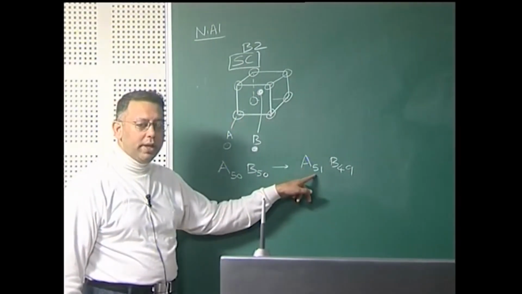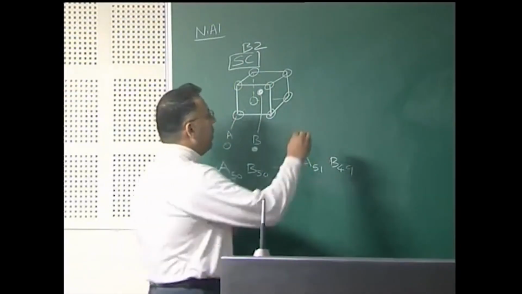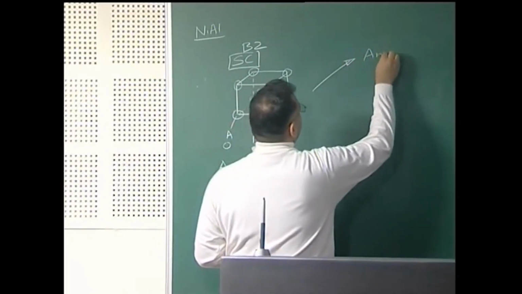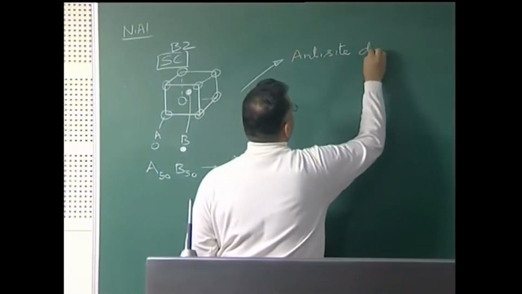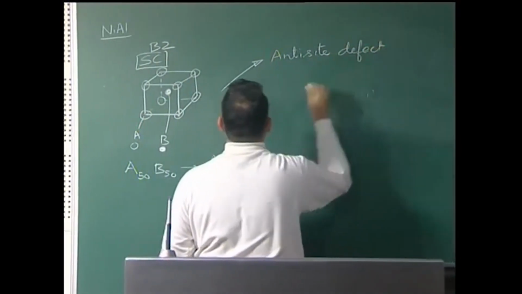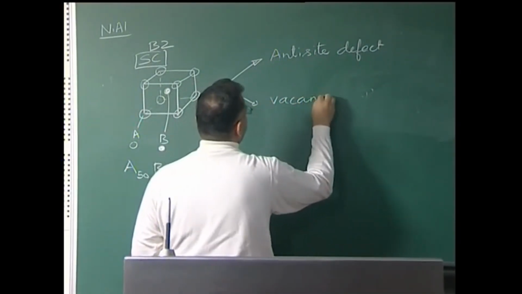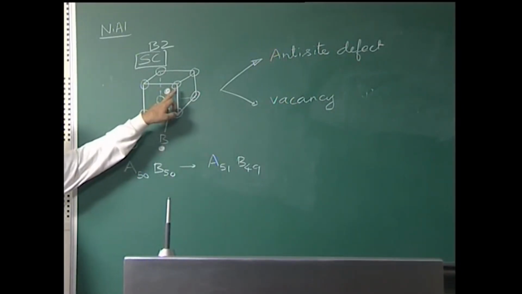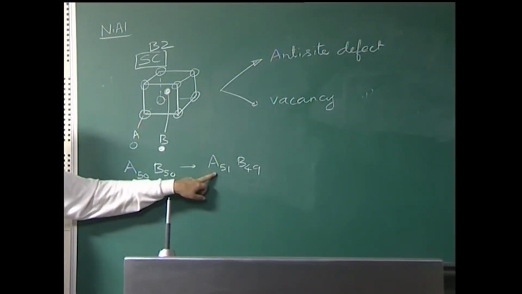Now, when I am trying to make this A rich composition, there are two possibilities. One is that I can put an anti-site defect, or I can put a vacancy. In other words, suppose I start putting A atoms in the B sublattice, then I can get an A rich composition.